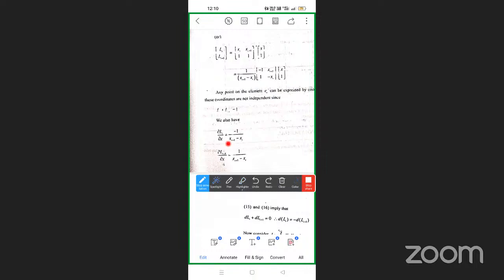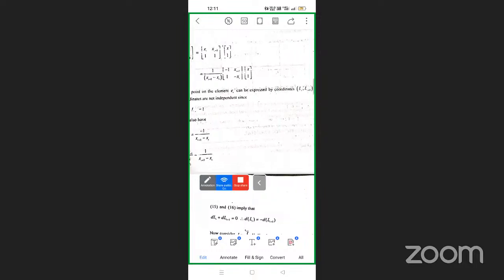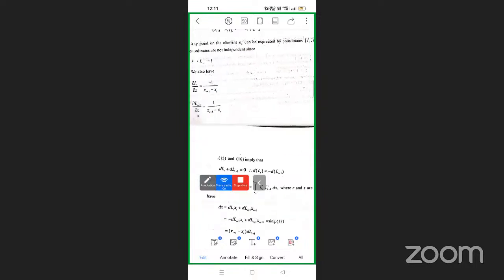So we are getting dLi by dou x is equal to minus 1 by xi plus 1 minus xi. So next, second one, dLi plus 1 by dou x is equal to 1 by xi plus 1 minus xi. So these are equations 15, 16.